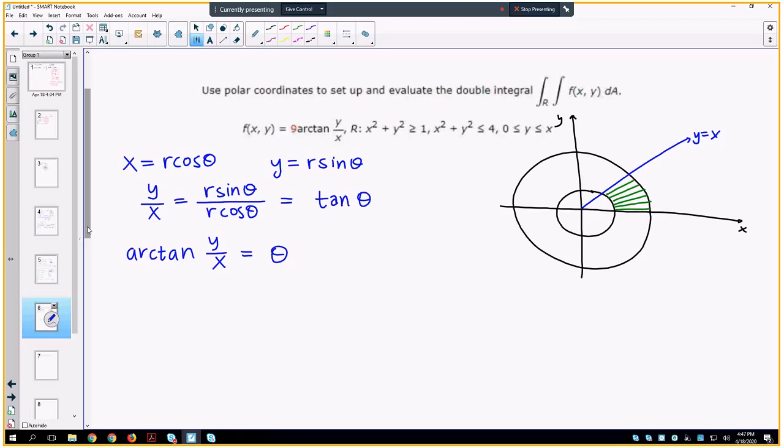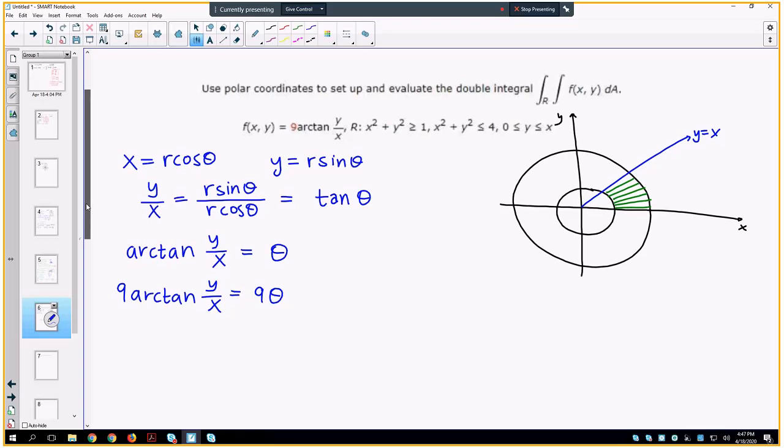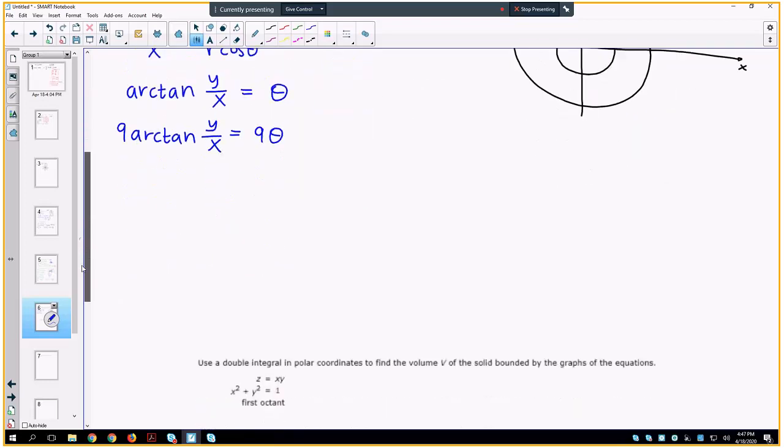So I have arctangent of y over x is equal to theta. So 9 arctangent of y over x is 9 theta. Great. So now I think I have all the information I need to set up this integral.